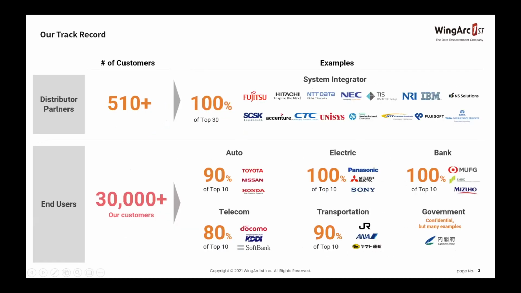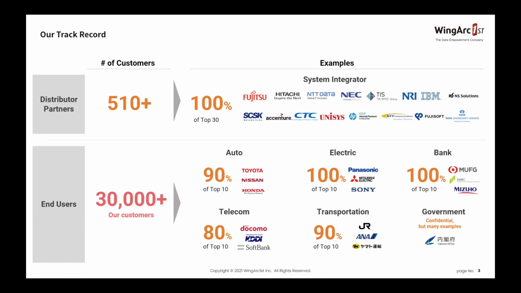And next, as we are a regional company with presence across Asia, we have over 500 distributor partners, which include big global brands, and have supported over 30,000 partners and customers from many industries.